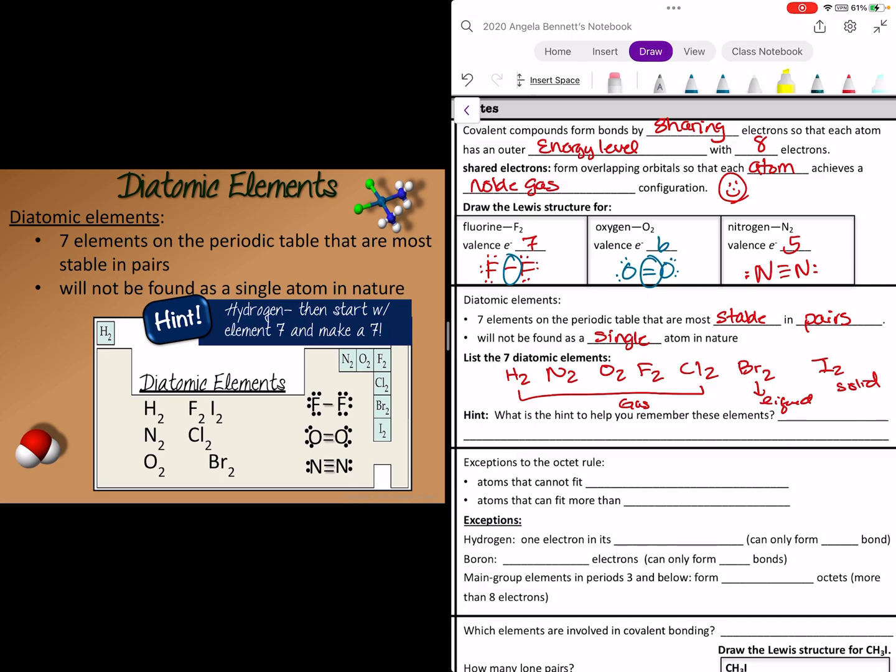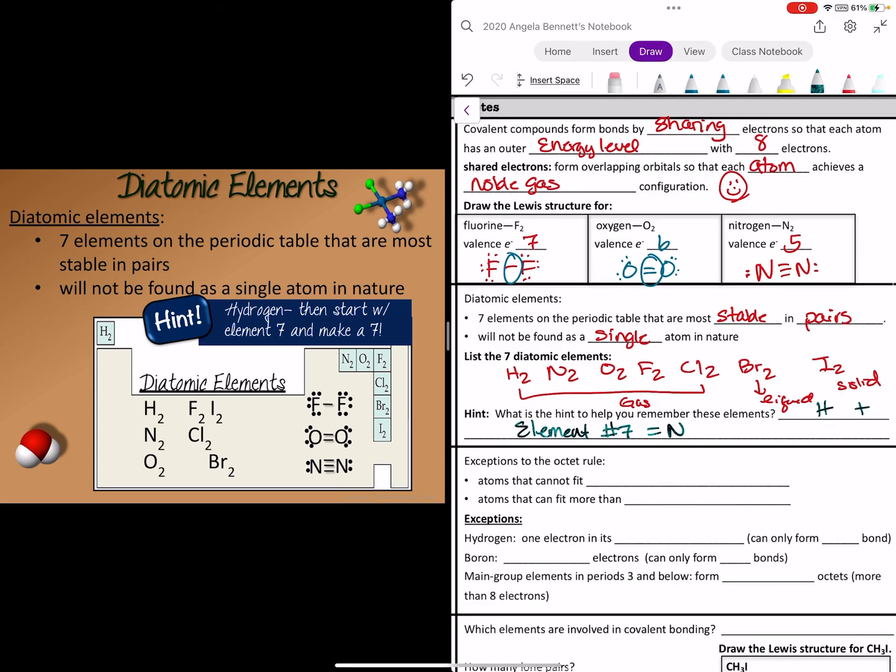A really great hint that we've talked about before: you start with hydrogen, plus element number 7, atomic number 7 on your periodic table, which happens to be nitrogen.